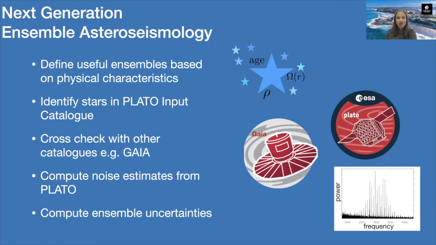Again, we need to cross-check with other catalogs, for example Gaia, if we want to know the radius of particular stars. And again, we need to understand the noise estimates from the Plato instrument itself. And in this way, we can put all of this together and compute ensemble uncertainties that we expect for these parameters that we've defined.